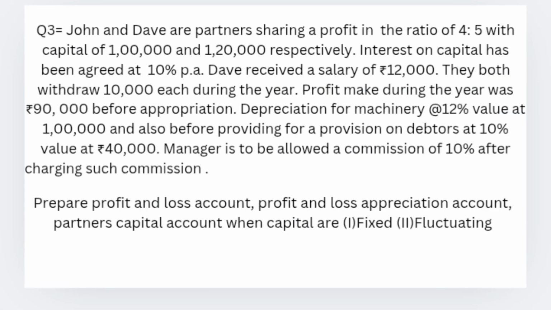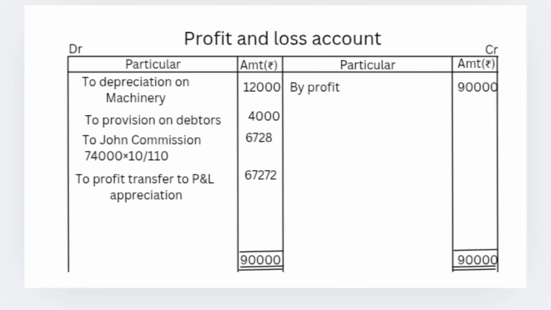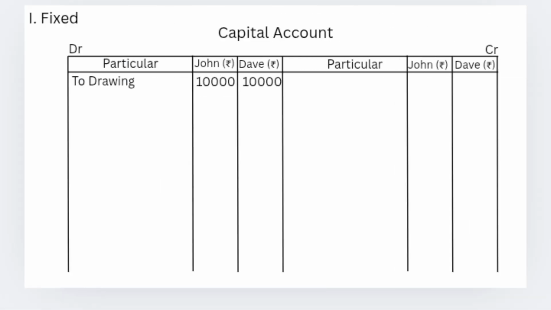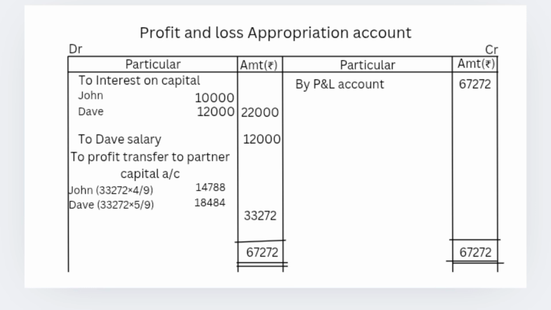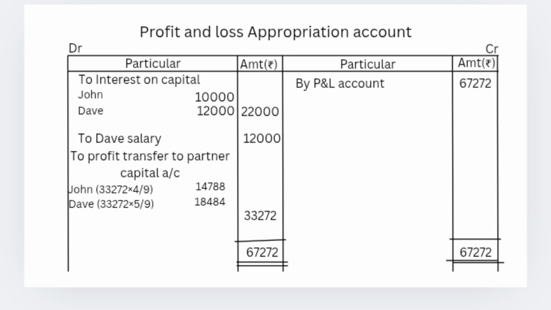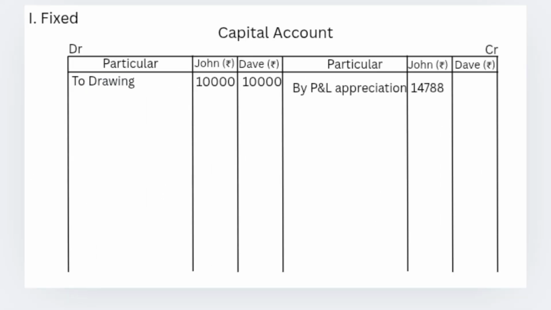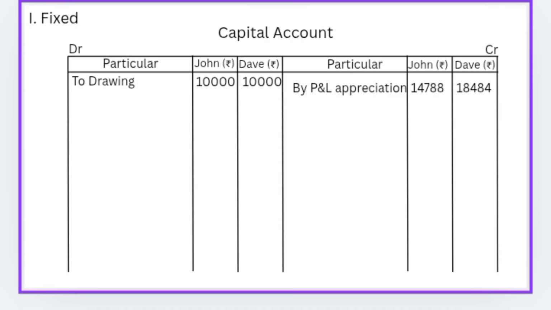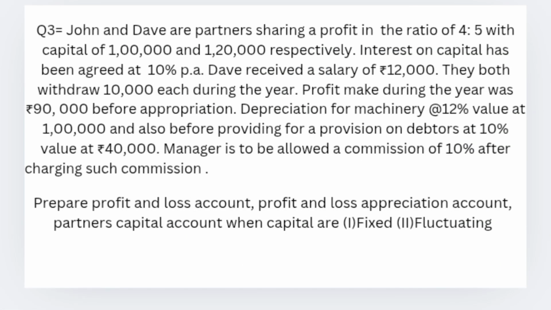The next item will be the profit and loss appropriation account. So the amount of John is 14,788, Dave's profit is 18,484.